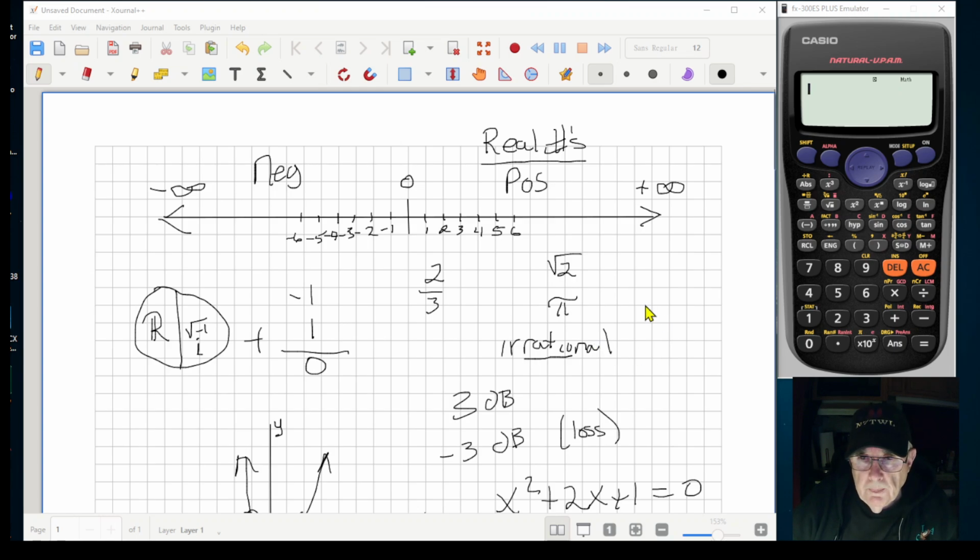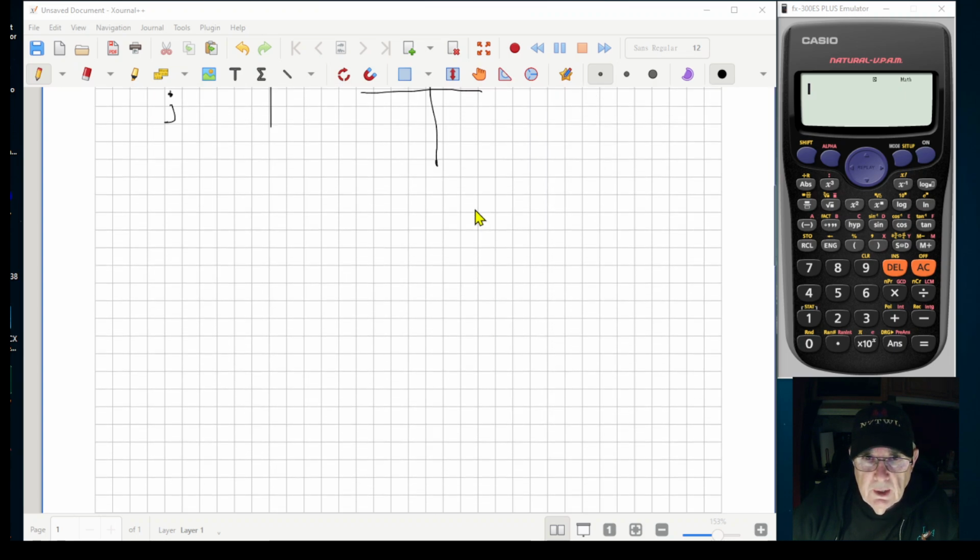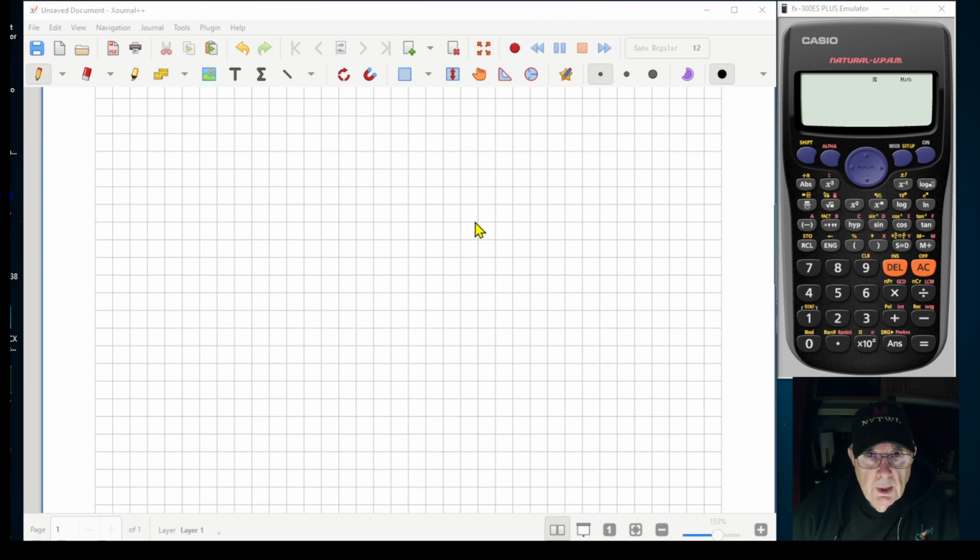Okay, let's continue on. The next thing that I want to look at that deals with numbers is the number place. So let's take a value here.